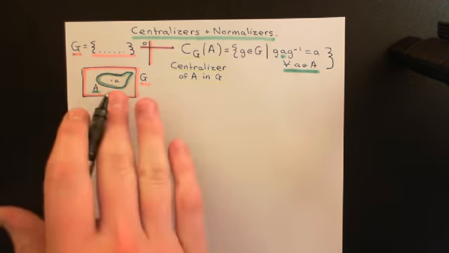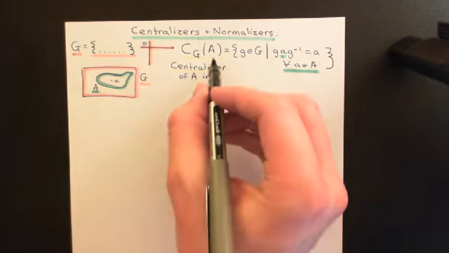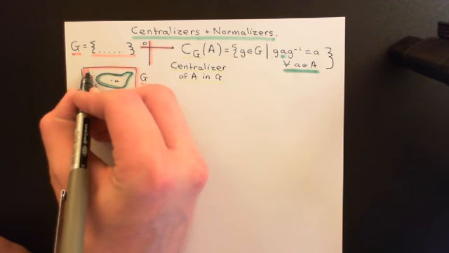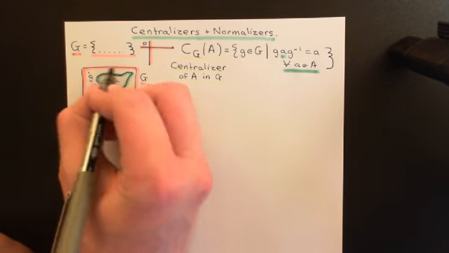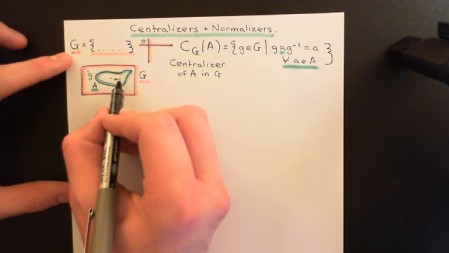Okay, so going back to the picture to interpret what this actually means, you're going to go through every element of the group, so I'll mark this on. You'll go through every little g that is an element of our group capital G, and for each one you'll ask, is it the case that this conjugates every element of the set capital A to give back the same element of capital A?